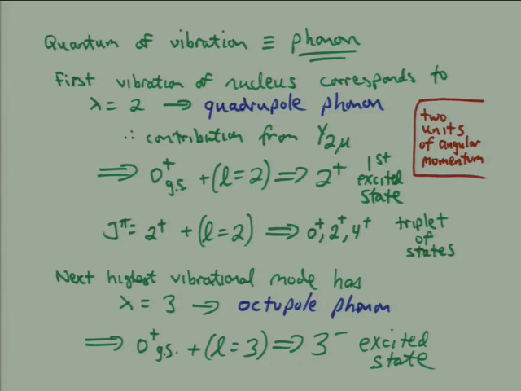Let's keep going. So now I have the excited state, which is a 2 plus level, and I add another phonon to it. So I add another J equals 2 phonon to a state that already has spin and parity 2 plus. So I have a 2 plus state plus a 2 plus state, and according to my arguments over there, I should have all possible values of spin and parity from 4 down to 0.